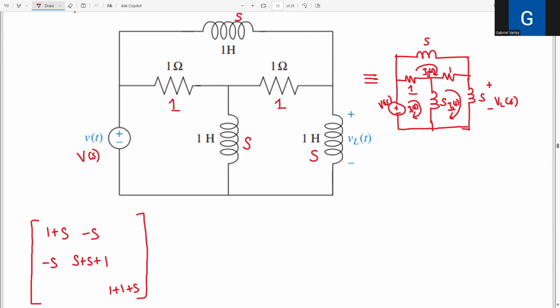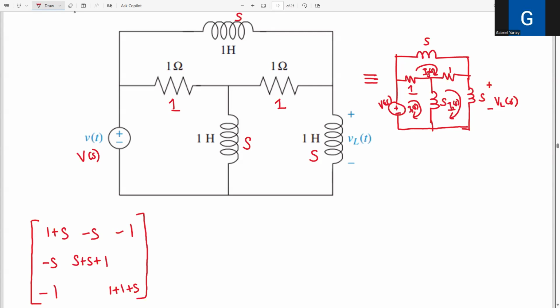Now let's go to the position index 1 and 3. It means all the impedances present in both mesh 1 and mesh 3, and that is the 1 here. So it's going to be minus 1. And since position index 1, 3 is always the same as 3, 1, it's going to be minus 1 there too.